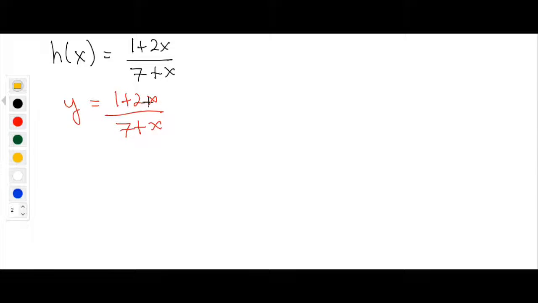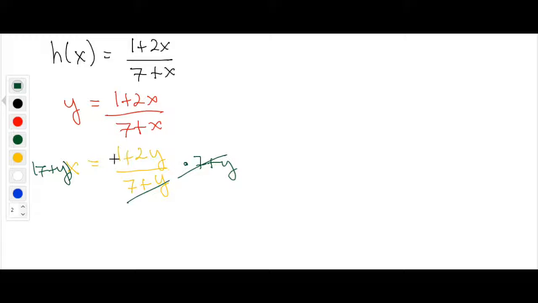Change the y's for the x's and x's for the y's. So we're going to do x equals (1 plus 2y) over (7 plus y). Multiply both sides by 7 plus y.